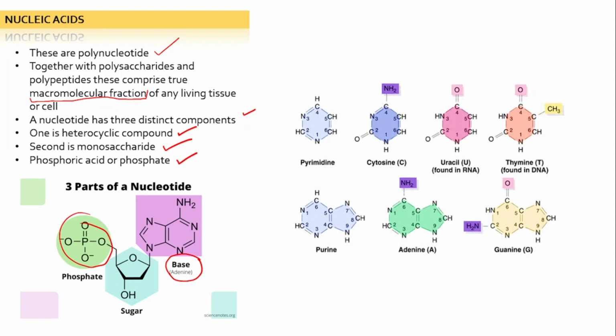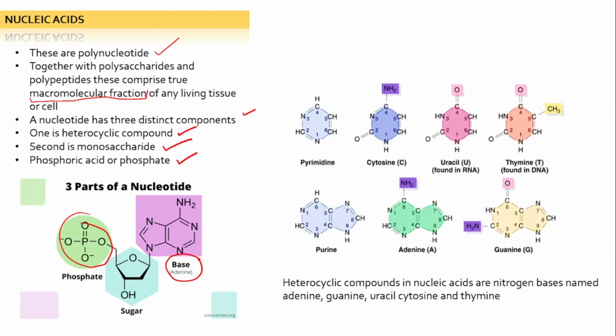So they are polynucleotides, made up of a sugar, a phosphate group, and a nitrogen base. The heterocyclic compounds in nucleic acids are the nitrogen bases adenine, guanine, uracil, cytosine, and thymine, which we just discussed in the image above.